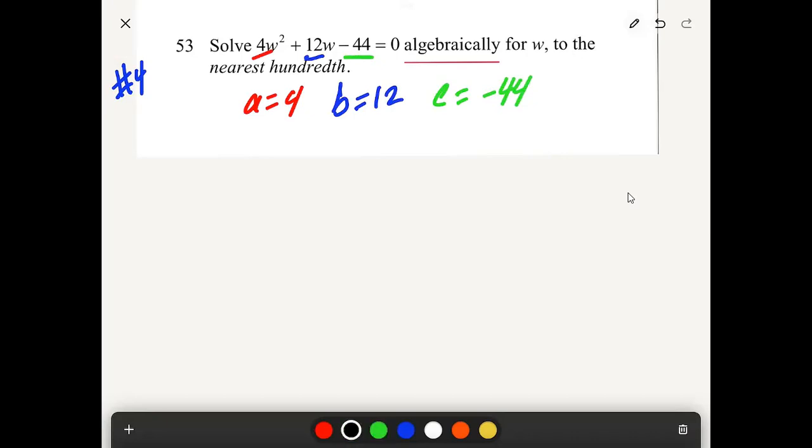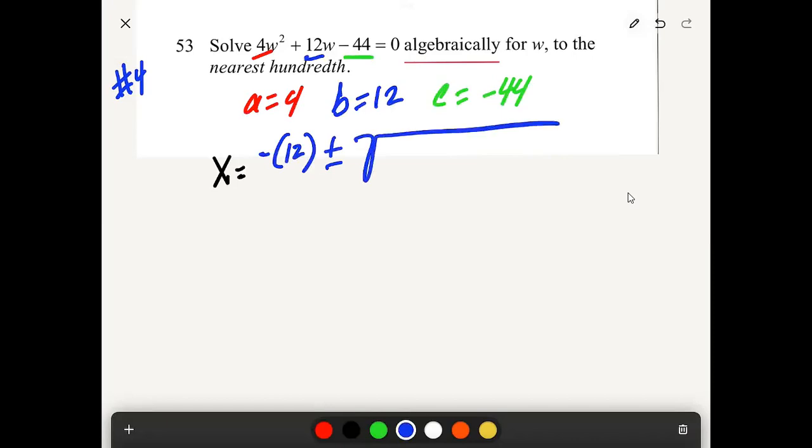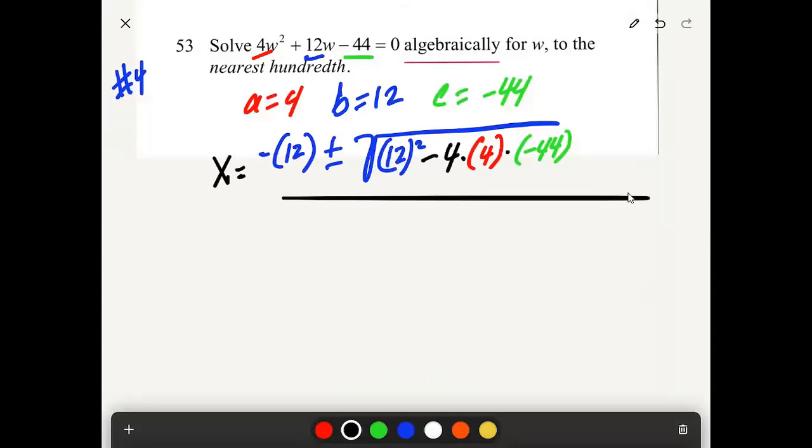It's going to be x equals negative 12 plus or minus the square root of 12 squared minus 4 times A, which is 4, times C, which is negative 44, and then we're going to put this all over 2 times 4.